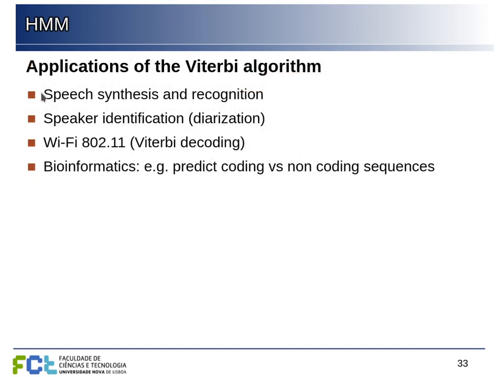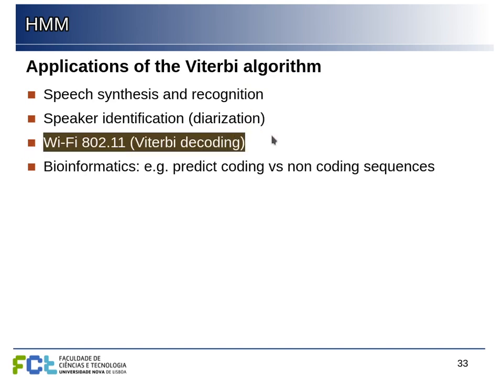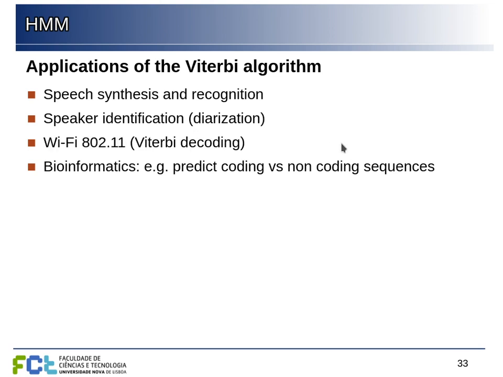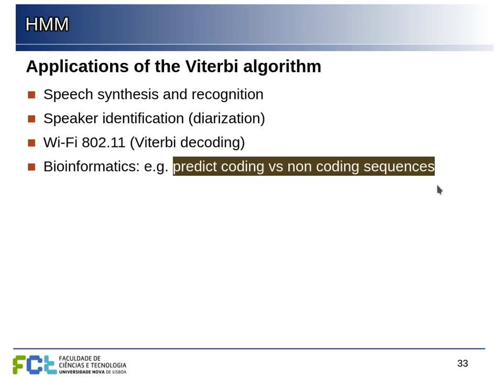This can be used for things like speech synthesis and recognition, in solving the problem of correcting errors in wireless communications, because we can imagine that the hidden states are the actual message and the observable states are the values that we are measuring, but that can be affected by some error. And in bioinformatics, we can use this, for example, to predict the differences between coding and non-coding regions of sequences.